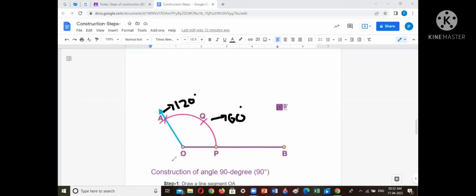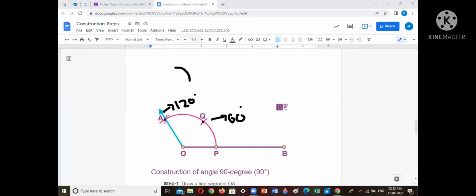So now what we are going to do is keep our compass pointer on the point Q, and then construct an arc over here, or wherever your arc is being formed, but the arc would be formed upside.